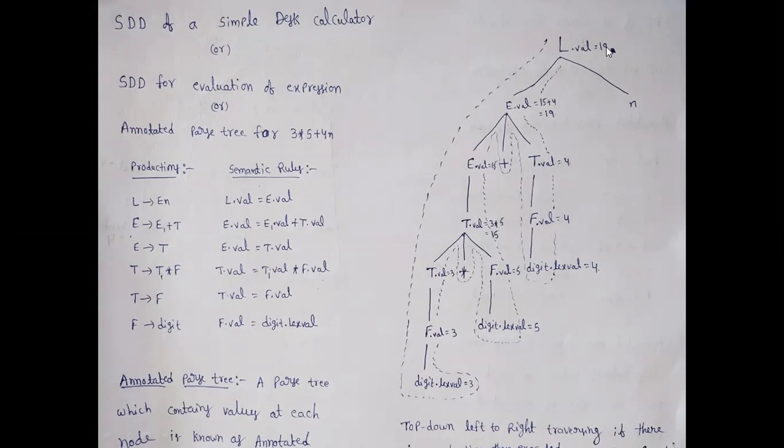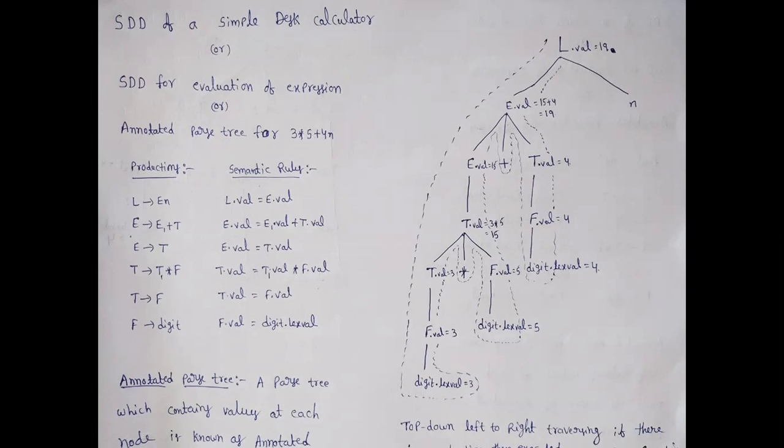So what is the L.value here? 19. So generally in this expression, what value do we get? The star has the highest precedence, so 5 into 3, 15, 15 plus 4, 19. So 19 and n. So this is the calculation of the annotated parse tree.